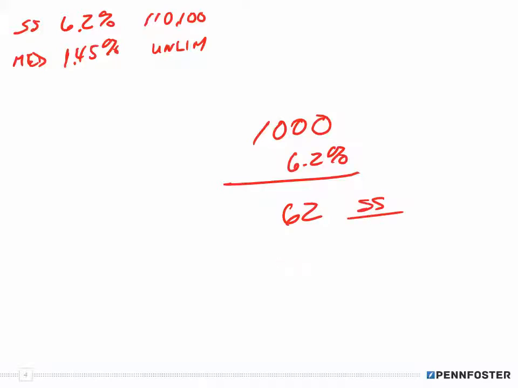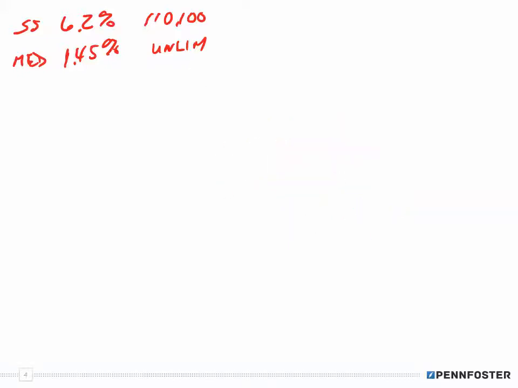Okay. Now, there is an issue with this, and the issue is this here limit of $110,100. Right? And the way we look at this, you have to look at this from this perspective, and this is the way I visualize it. On January 1, everybody starts out with $0, okay?